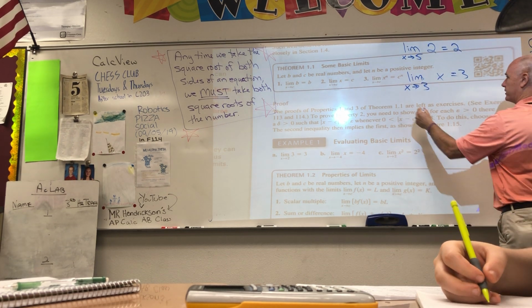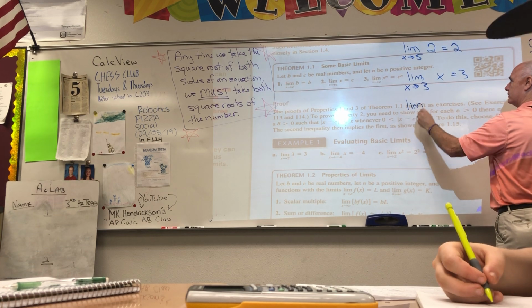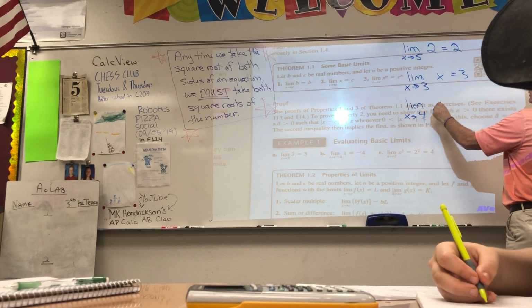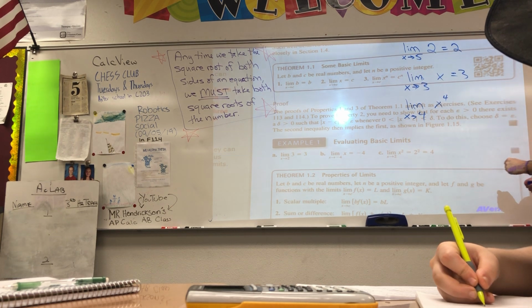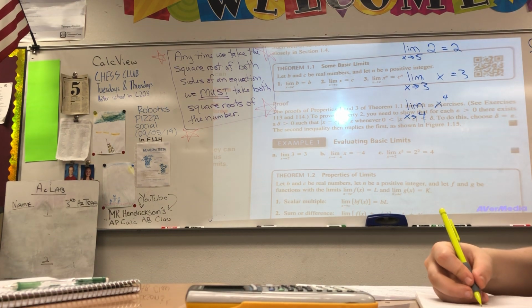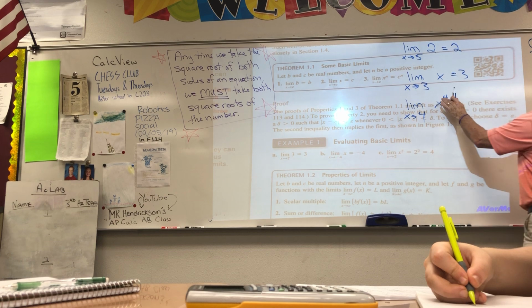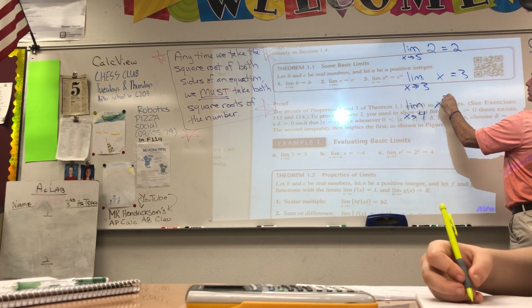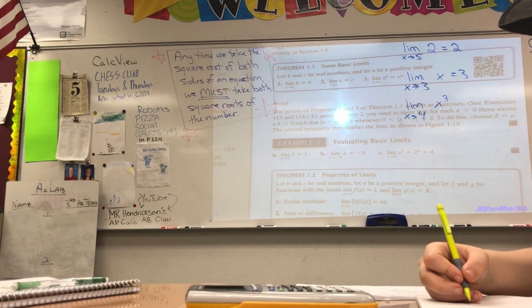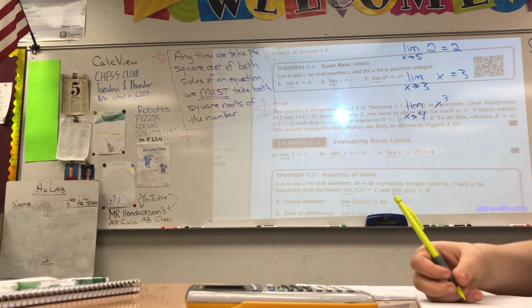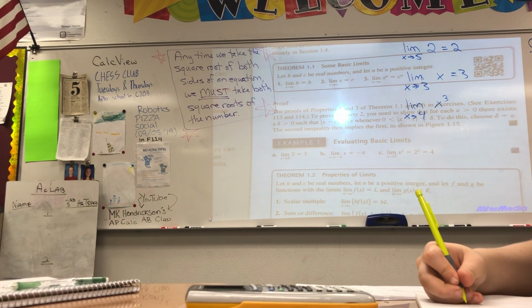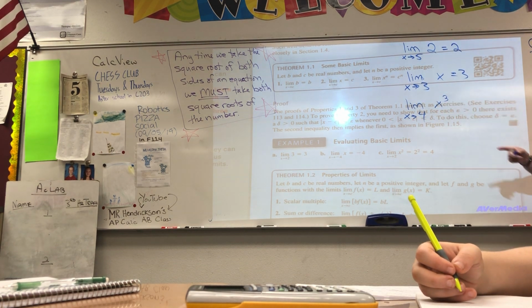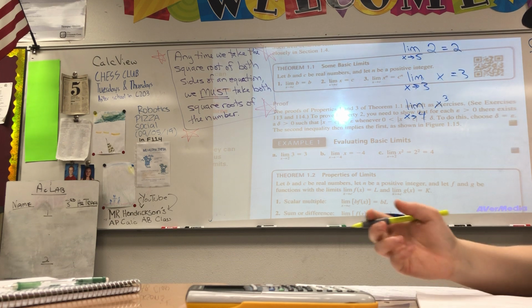The third one says the limit as x approaches 4 of x to the 3rd. What would your logic say to that? It's 4 to the 3rd.